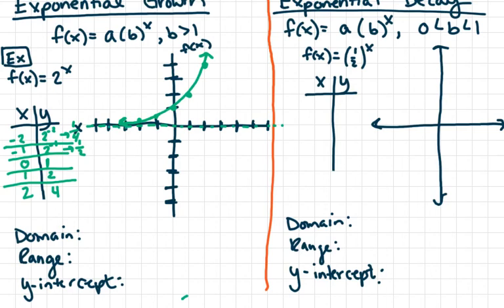It's not actually part of my function, so I draw it dotted. And it goes over the x-axis, and that line is called an asymptote. And so the asymptote is a line that your function gets closer and closer to, but doesn't actually cross. And so it'll just kind of hug that asymptote on the end.